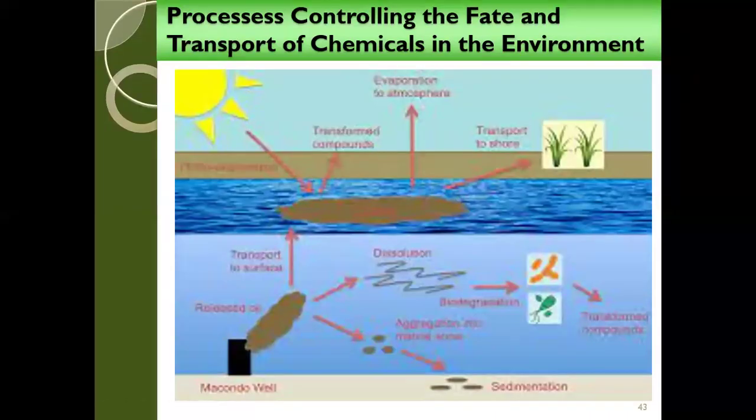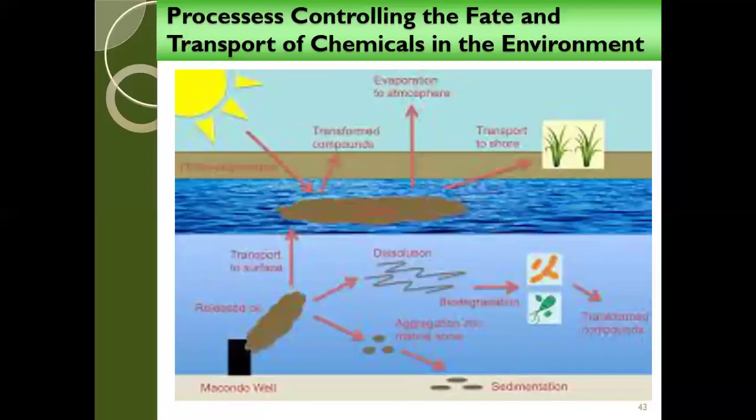So I'm not sure whether you can see this very well, but it's just trying to show how these chemicals can be transported or moved in the environment. Like those in the water there, they can be evaporated, they can be transformed through the action of microorganisms.